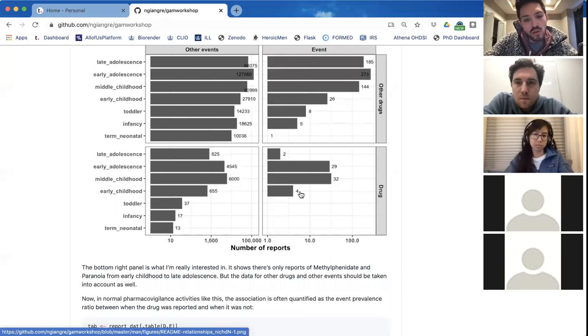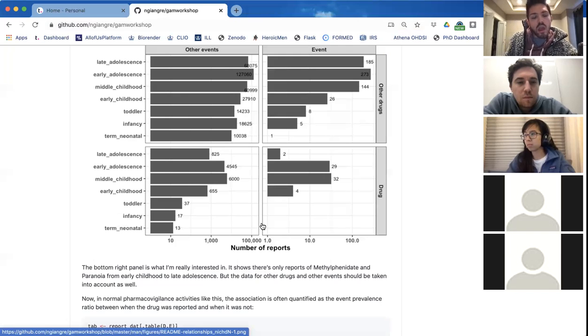It shows there are no reports at the top if it's the terminal stage, and that's probably due to, is paranoia a term reported at those ages? Probably not. We can't really assess that. So the actual adverse events you would have to assess better to make it more general. But in any case, this is the data we're using today.